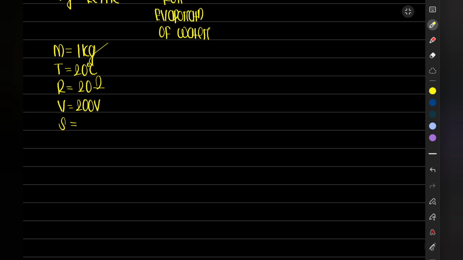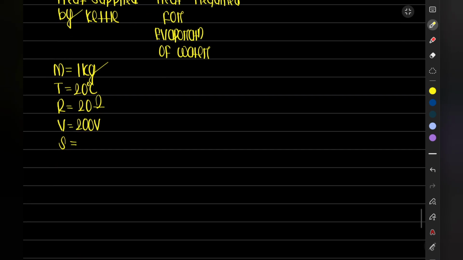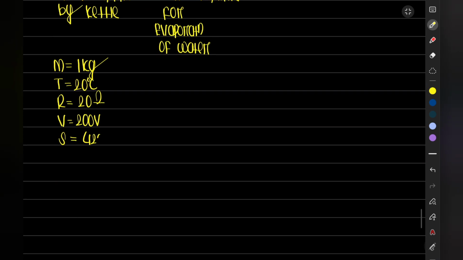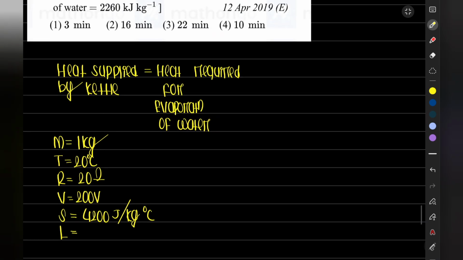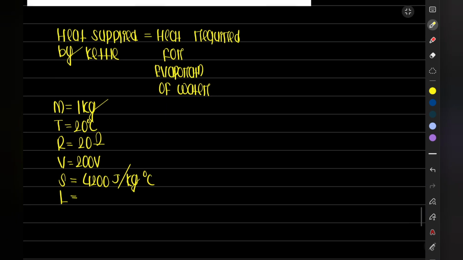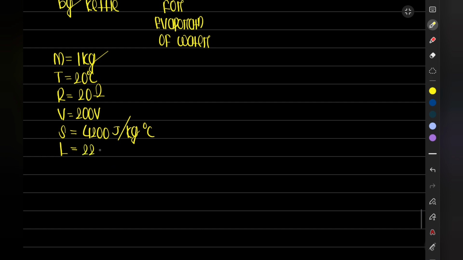Specific heat of water they have given, 4200 joule per kg degree Celsius, as well as latent heat of evaporation of water, which is 2260 kilojoule per kg. So we will have to multiply by 1000, now it will be joule per kg. This is the given data they have given.